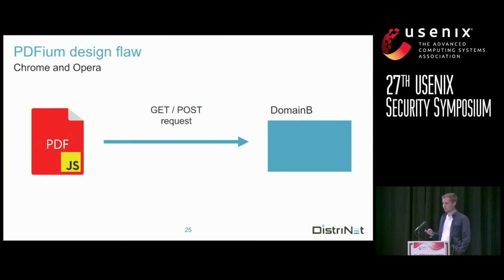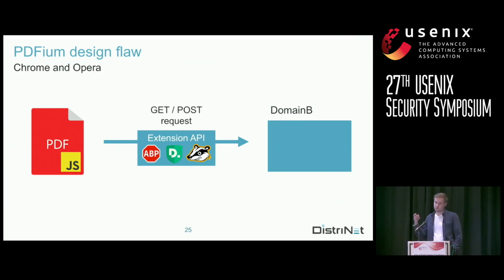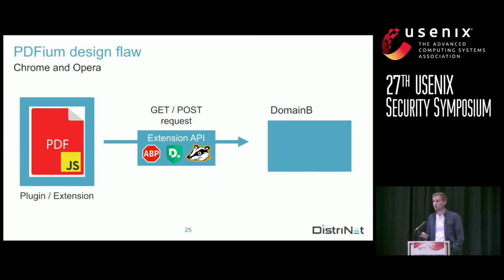So to come back to the PDF case in Chromium browsers, the PDF reader in these browsers is called PDFium. And like I said before, you're able to initiate a cross-site request. This can be a GET or POST request. So what we expect should happen is this. The extension API should be able to be used to intercept these requests as an extension, but this is not the case because PDFium is actually seen as a plugin or extension.